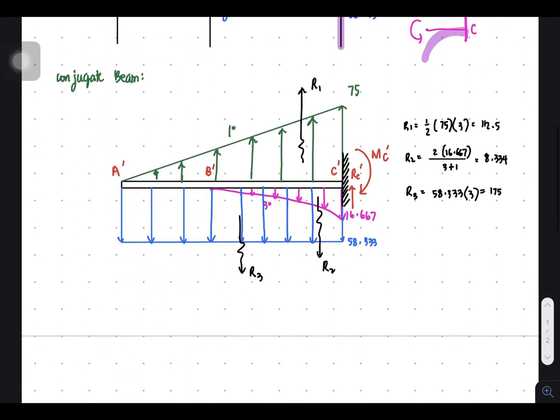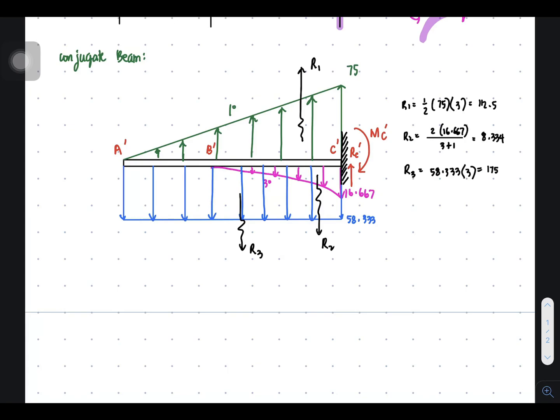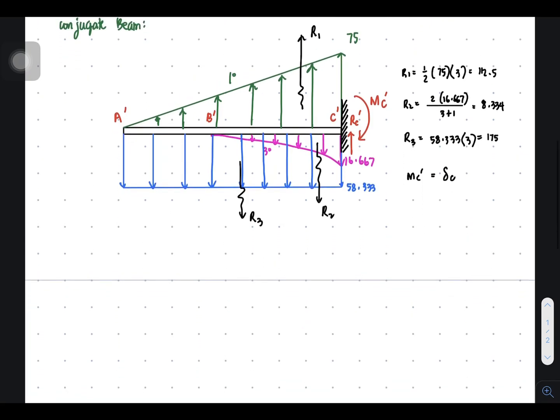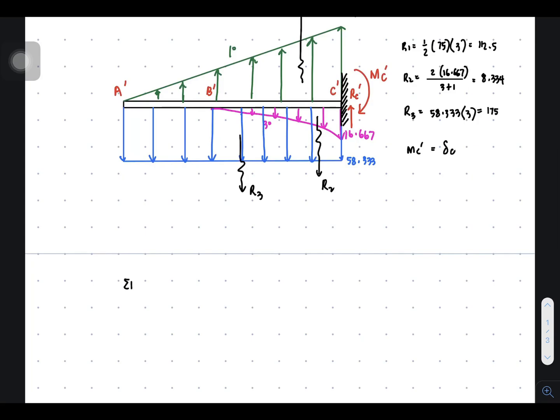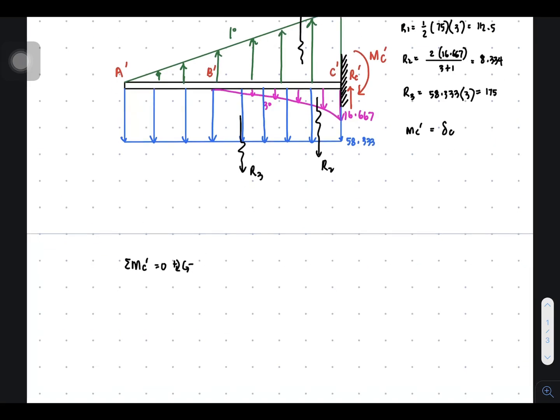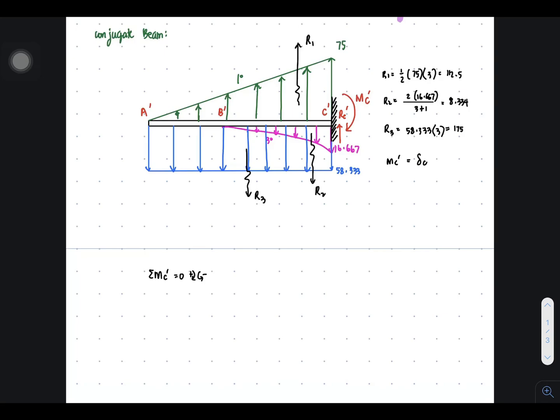Okay, so this time we're now ready to solve for the free end deflection. Remember that MC prime in the conjugate beam is equal to the deflection at the real beam. So we need to solve for MC prime. So solving for MC prime, it's summation of moment about point C prime equal to 0, clockwise positive, counterclockwise negative. And since we have MC prime clockwise, it's now positive MC prime. And then plus R1 times 1/3 of 3.